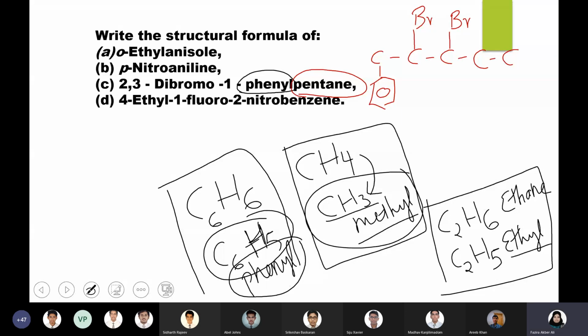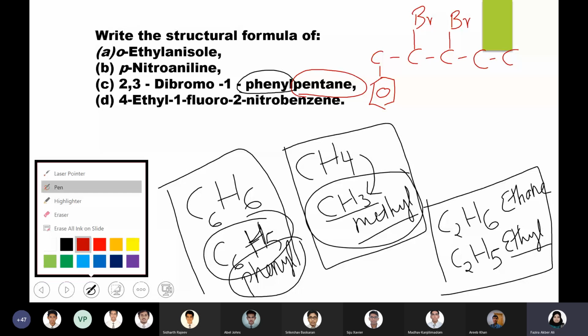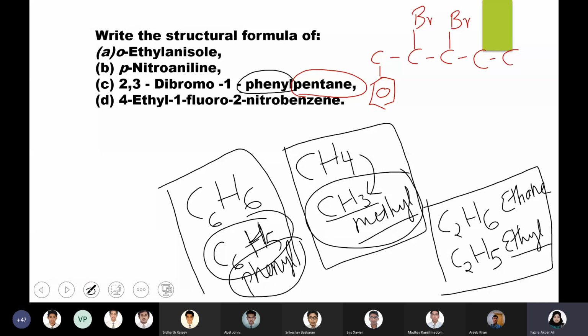Now you have to fill with hydrogen in such a way that each carbon will have a maximum of 4 bonds. So accordingly, you write the number of hydrogens. The first carbon atom already has 2 bonds, so 2 more are left. So I will write CH2.